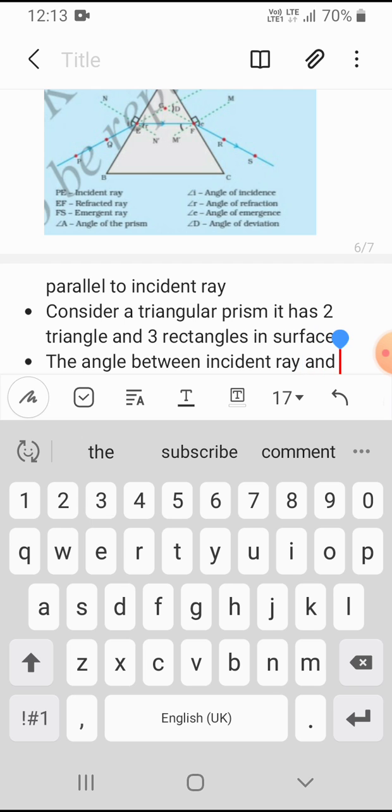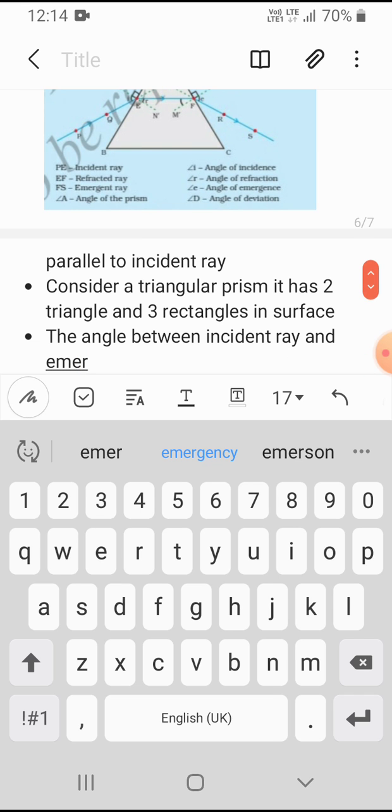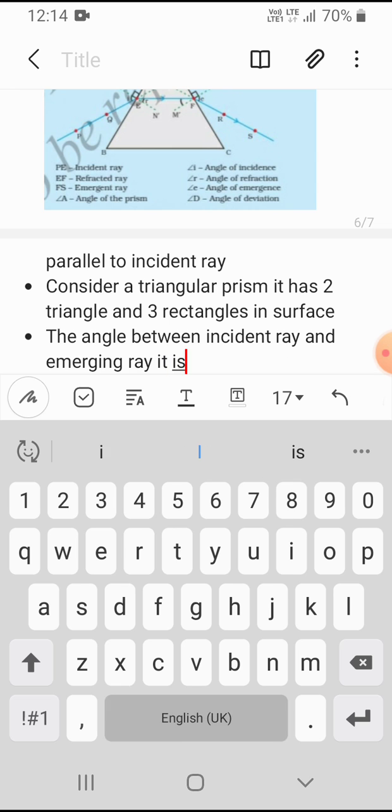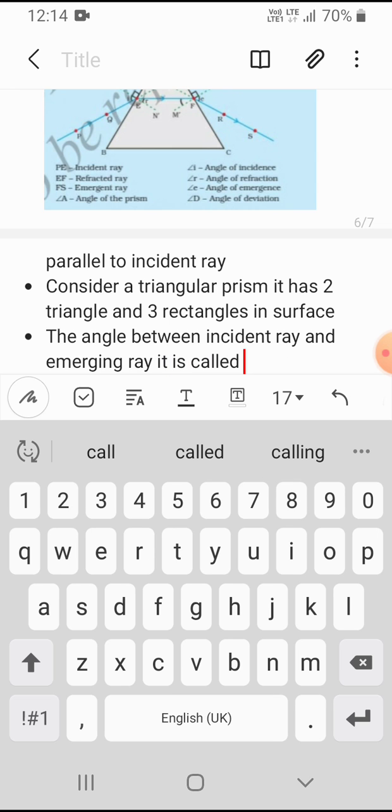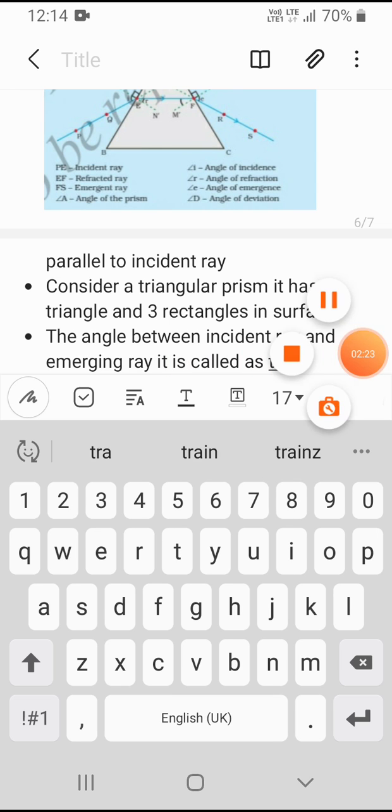The angle between the incident ray and the emerging ray, the angle between them, is called the angle of prism.